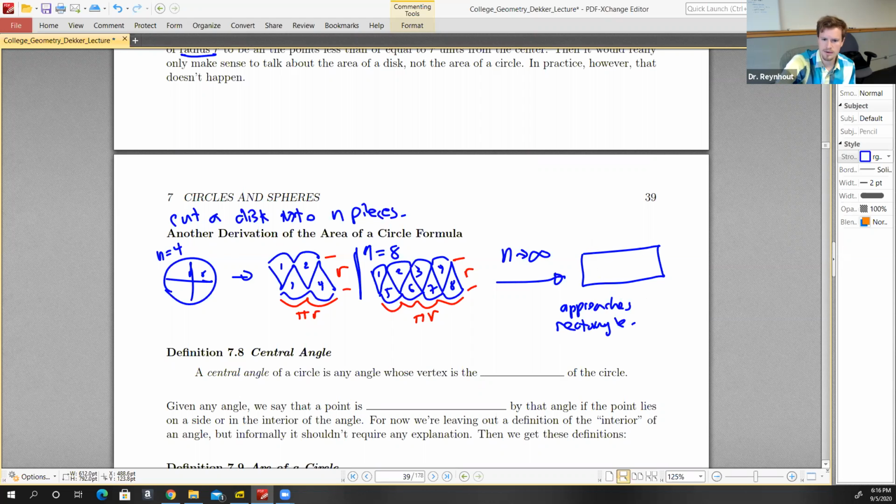And of course, the area of a rectangle is length times width. So we have r and pi r still, right? It doesn't change. Area is pi r times r, pi r squared. So the area of a rectangle gives us the area of our circle. Excellent. So that's another way that we could calculate or find the formula for the area of a circle.